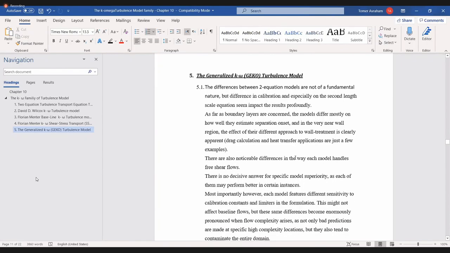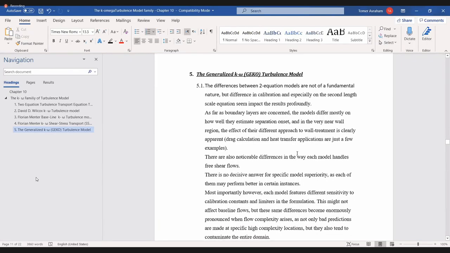They gave you 5 numbers which you can play with, but they won't take responsibility for them. And what you get is two sets of numbers. One of them gives you the realizable k epsilon. The other one is the default, the SST.